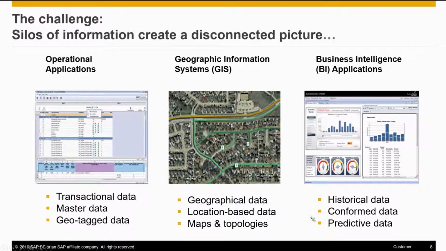Quite often those are feeding into our business intelligence applications. So we may have in place a data warehousing strategy to feed our operational and analytical applications. And it's very common for the GIS groups and the GIS systems to be a completely separate silo from those other pieces of the enterprise.